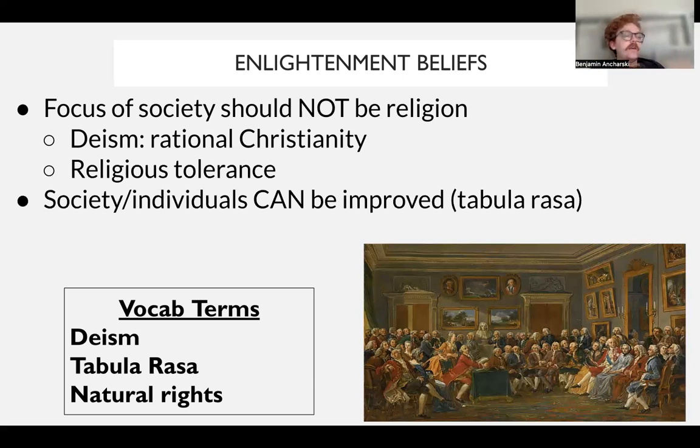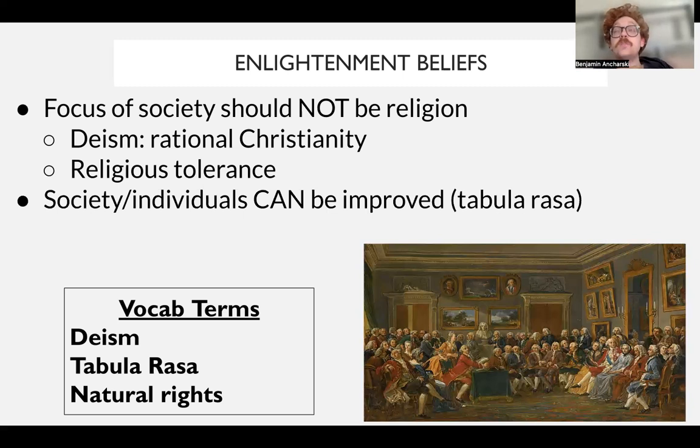Another big idea is going back to that idea that society can be improved, because the Enlightenment very much believes that society is what we call a tabula rasa, or a blank slate. The idea that people aren't perfect, but when people are born, they are a blank slate, and society imprints upon a blank slate.